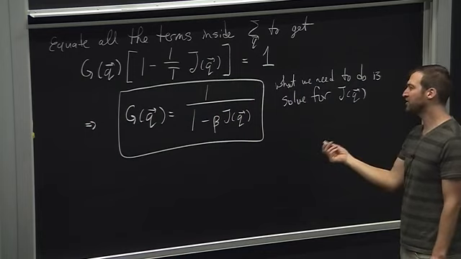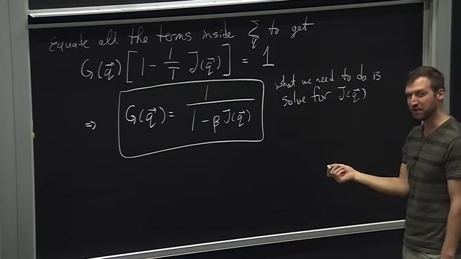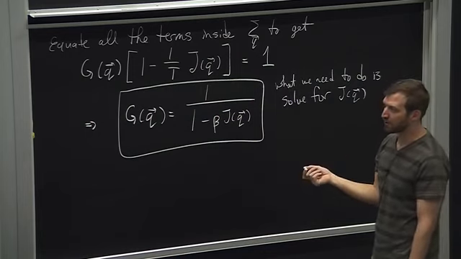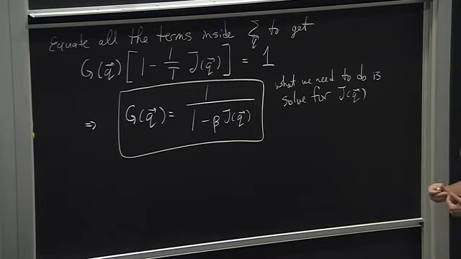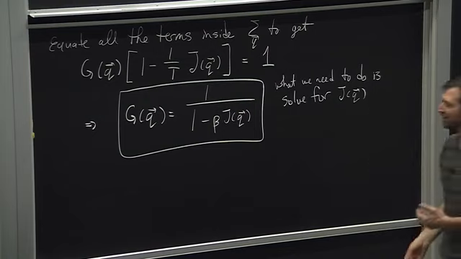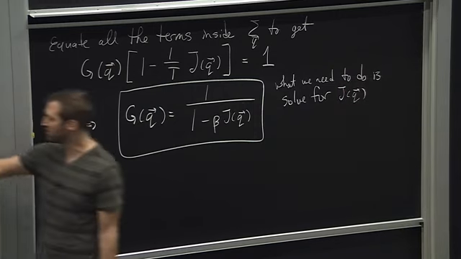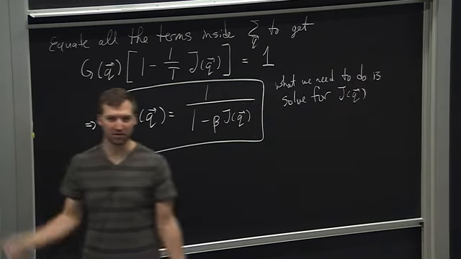The behavior we're interested in, the 2-point correlation function, in order to define the correlation length, is in the long wavelength limit. Okay, so we want to study this J of Q somehow when the distance between i and j is large.